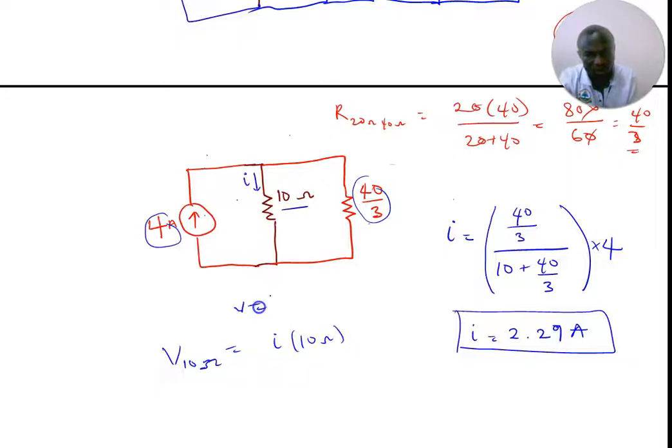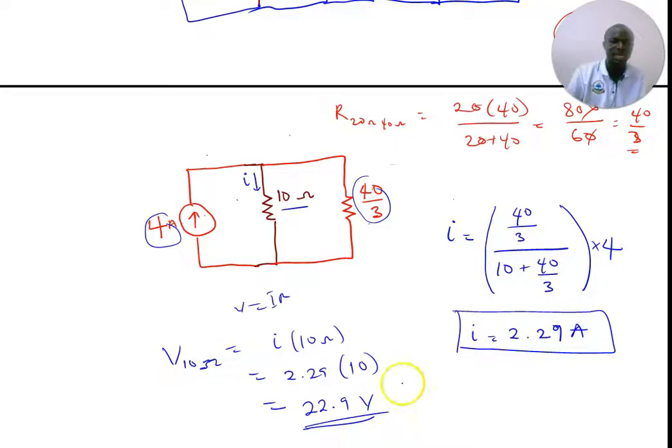That is equal to what? IR. So at the end, what do I get? I'm going to get 2.29 multiplied by 10. And this should basically give me 22.9 volts. So that is the voltage drop at the 10 ohm resistor.